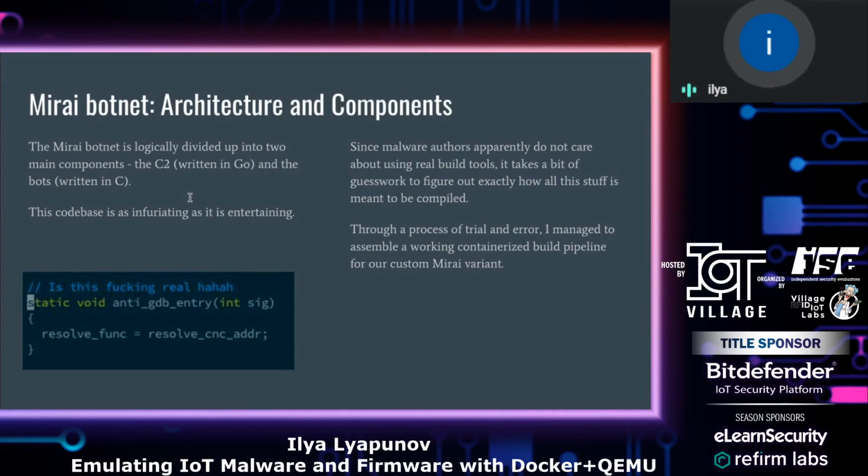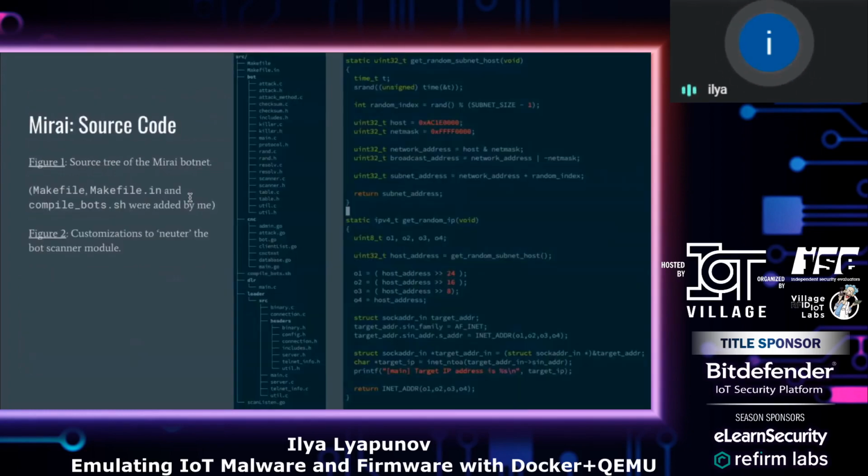But anyway, through a process of trial and error, I was able to get a working containerized build pipeline for a customized Mirai variant, because there are some changes that I had to make, and I'll show you a few of them here. This is the source tree on the left-hand side. As you can see, it is basically as I had described.